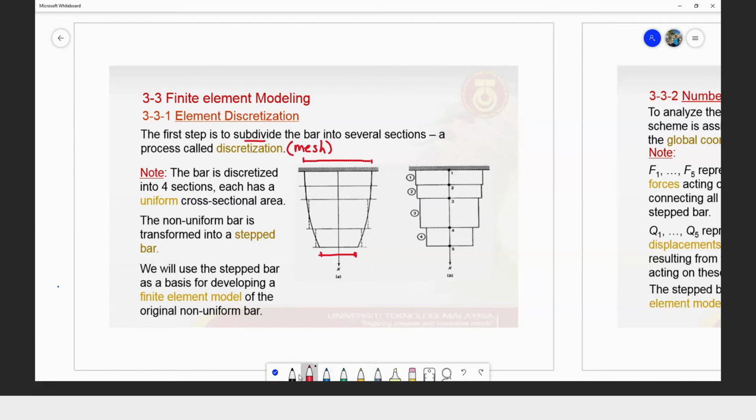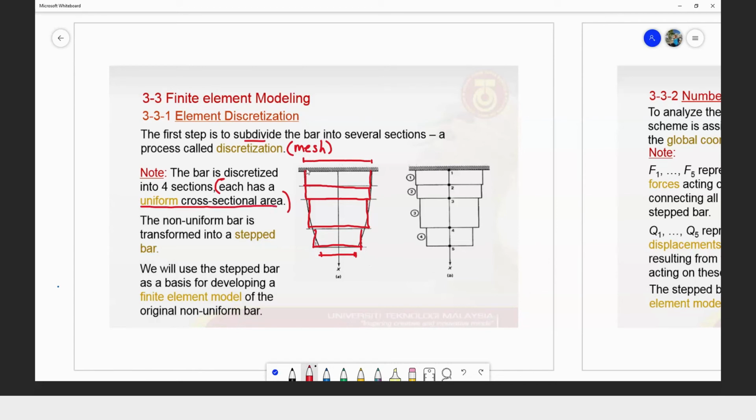Maksudnya 4 section dekat sini, kalau kita tengok, this is the first section, second section, third and the fourth section. Tapi, okay, this word is very important. Each section has uniform cross-sectional area.